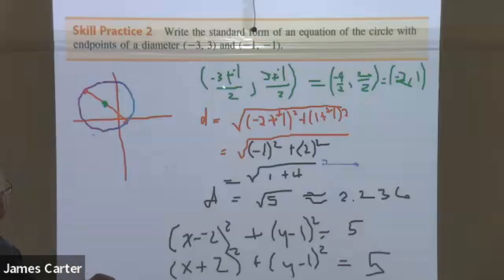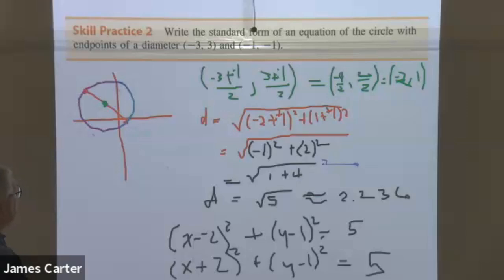Okay. So anyway, here is my midpoint formula using those two, and I get the point -2, 1 right there. But I still don't know the radius, so I can't find the formula. So I got to find the distance from the midpoint to one of the two endpoints. So that's what I'm doing here.